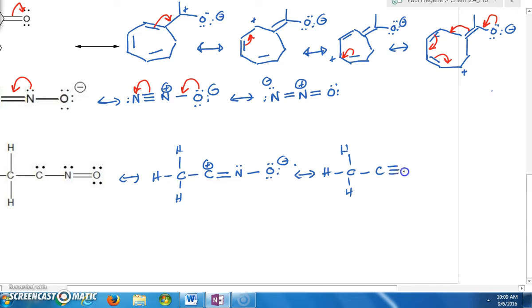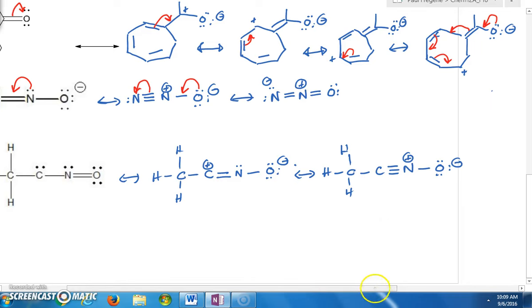You can now have a triple bond. You have a positive charge on the nitrogen, and you now have a negative charge like that. You see? And then of course the next one is whereby you have a lone pair next to an atom that bears a pi bond.